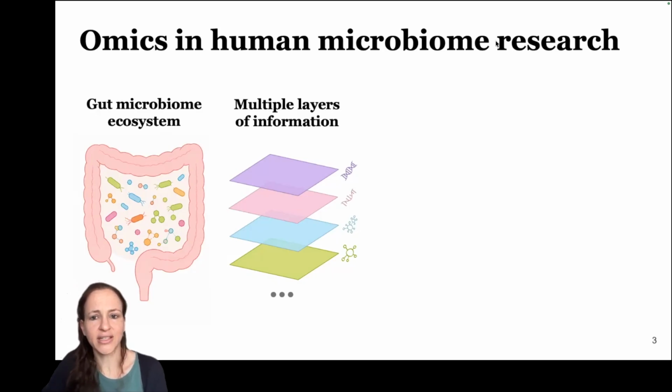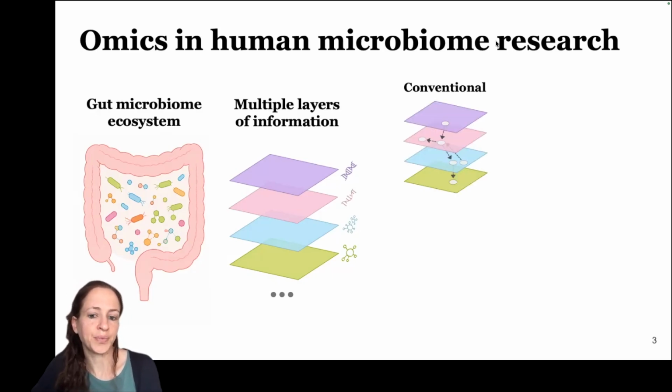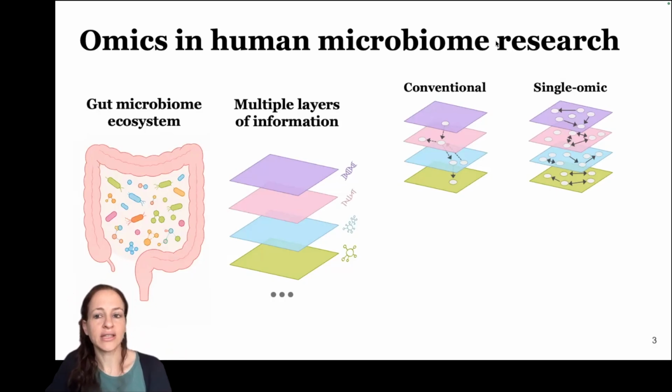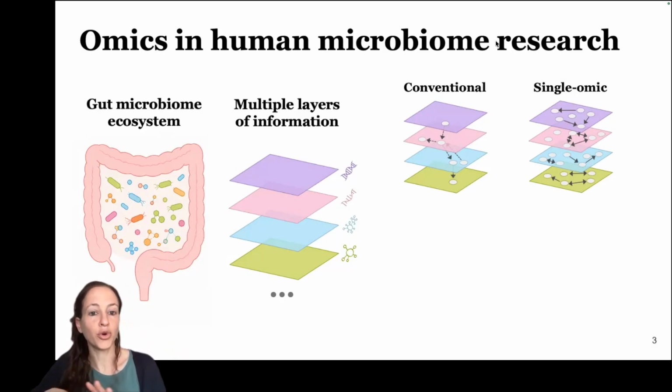Now, conventionally, to study a specific system, researchers take a very hypothesis-driven approach. So they look at a specific mechanism that involves specific features across these different layers. For example, a specific bacterial species that is synthesizing a specific metabolite that then influences the host in some way. There's also the single omic analysis approach, where we try to characterize a specific layer of information more comprehensively.